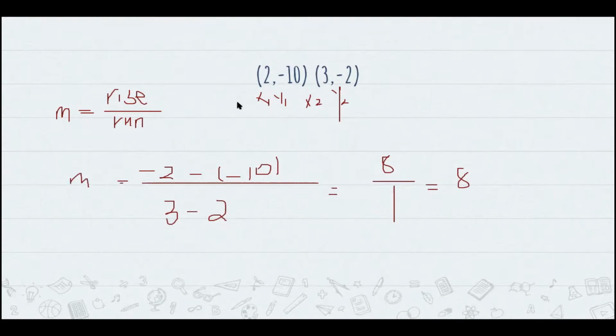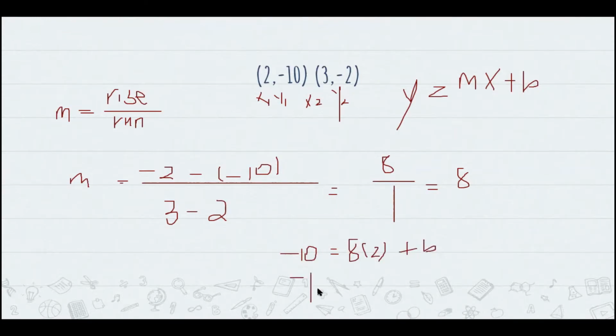But then you want to find out the b from the y equals mx plus b formula. So now you already found the m value. You could just use either coordinate. I'm going to use the first one. Negative 10 for the y, 8 for the m, and then for x, it'll be 2, and then plus b.